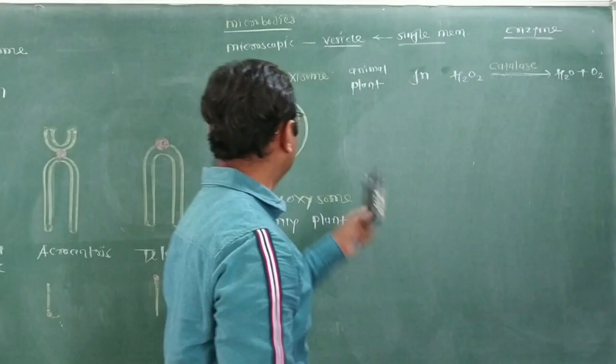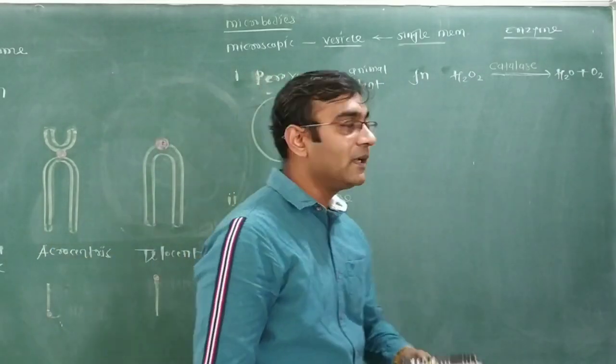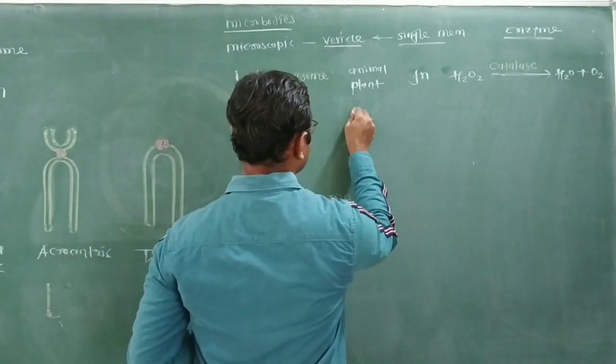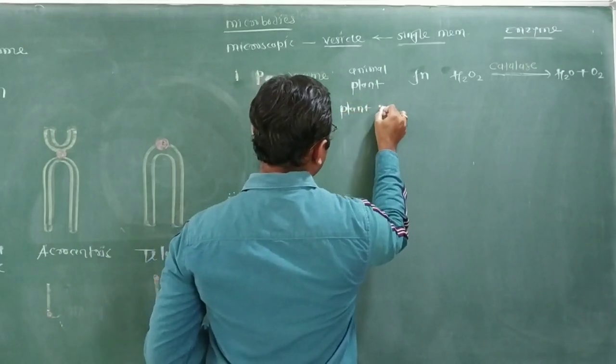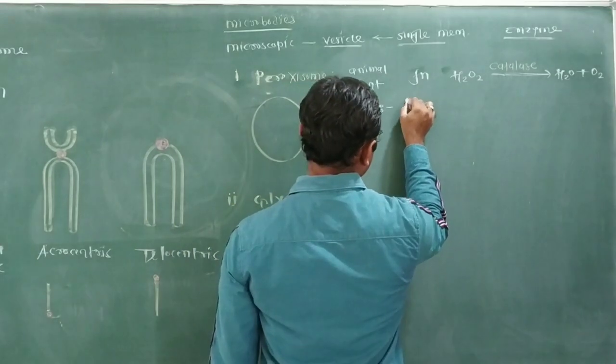The catalase enzyme present within the peroxisome converts hydrogen peroxide into water plus oxygen. Inside plants, photorespiration is the specific process that runs.